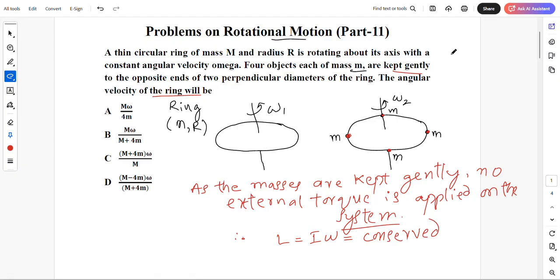What is meant by torque? I'll just explain the concept here. Torque is the rate of change of angular momentum.